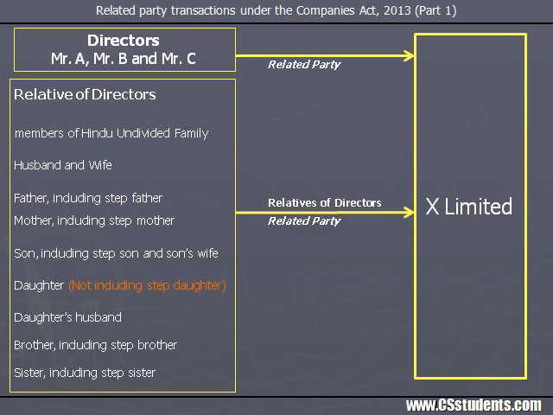Then daughter. But this does not include stepdaughter. Then daughter's husband. Then brother, including stepbrother. And sister, including stepsister. So, back to our example. Mr. A, B and C are directors in X Limited. All their relatives are going to be the related party for the purpose of X Limited.